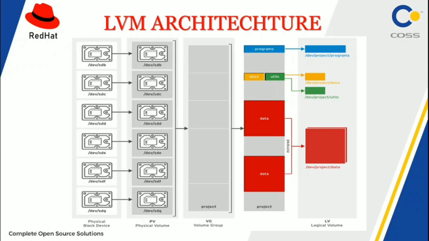Physical volume is actually the initialization for LVM. It means this partition or drive is going to be created as an LVM partition. We are initializing it by adding it to the physical volume. If you have not done this, we cannot move on further, so definitely we need to add it inside our physical volume.